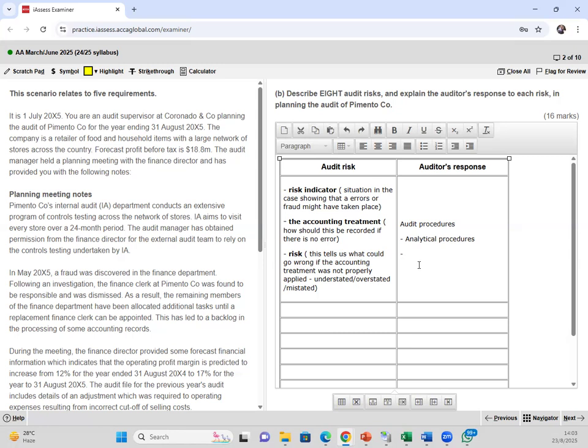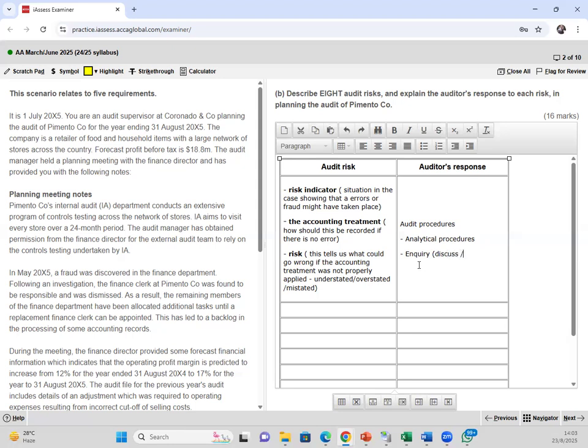So that is the other procedure, inquiry. If you have given the response, you don't say inquiry, but you know in your mind that you're talking about inquiry here. It could be discussion with the management. That's part of the inquiry.